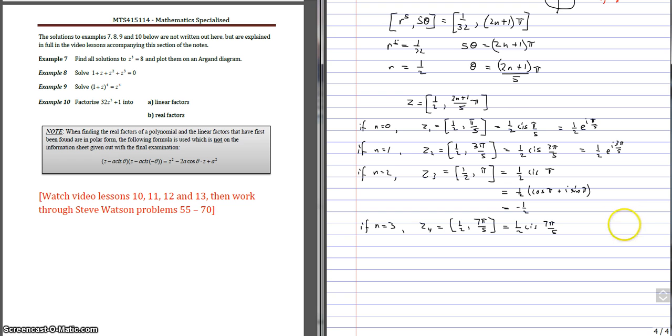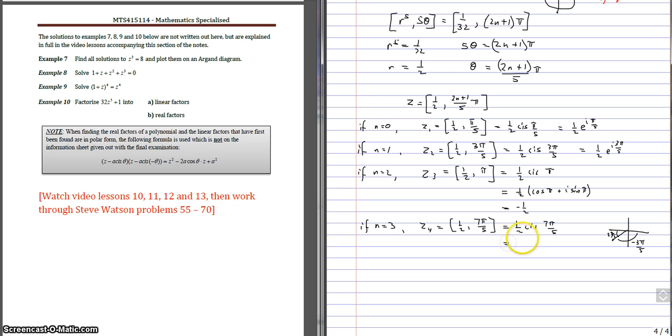7 pi on 5 is 5 pi on 5 down to here, plus another 2 pi on 5. Okay, so 2 pi on 5 might be out here, so that's 2 pi on 5, just that little angle. That means this here is going to be negative 3 pi on 5.